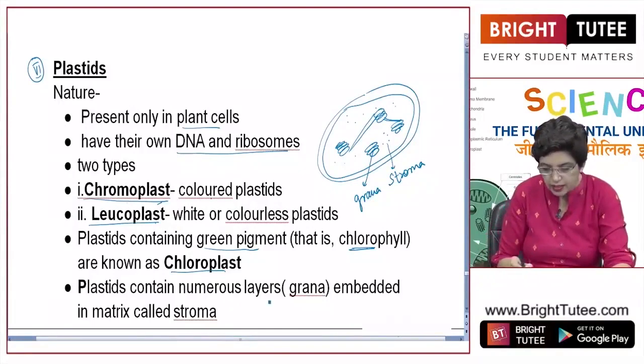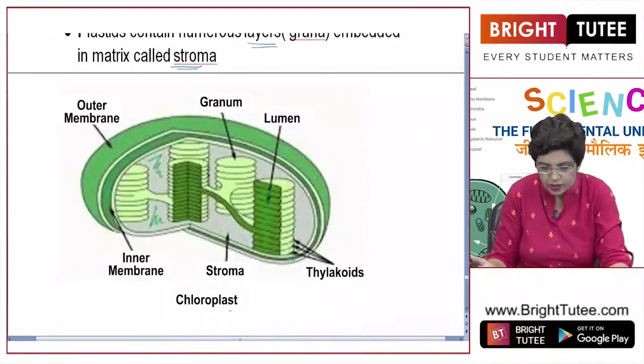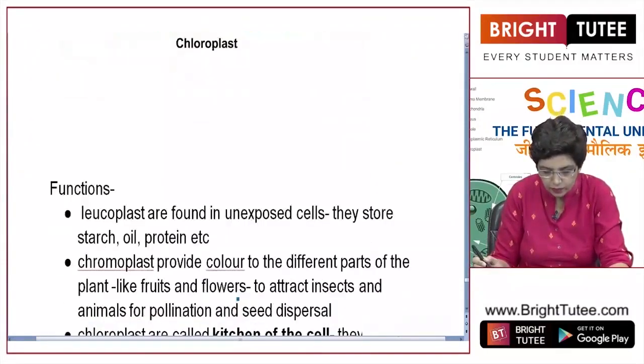So it contains layers which are called grana, which are embedded in the matrix, which is called stroma. This is a typical diagram of a plastid. Look at this figure. The plastid, the chloroplast. This is how it looks.